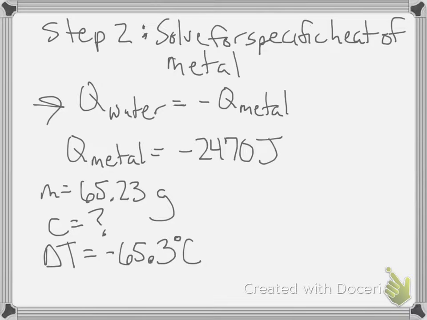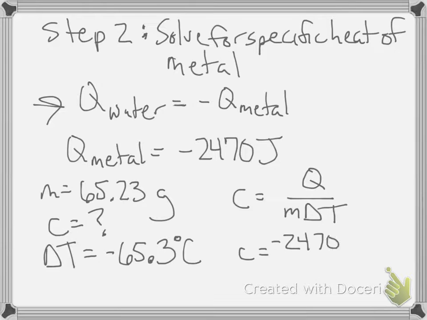So if we rearrange the equation for specific heat, we end up with C on one side, and then we take Q and divide by M times delta T. So if I put these numbers down below, we have negative 2470 on top, and on the bottom we have 65.23 and 65.3 degrees Celsius, with a negative sign in there.